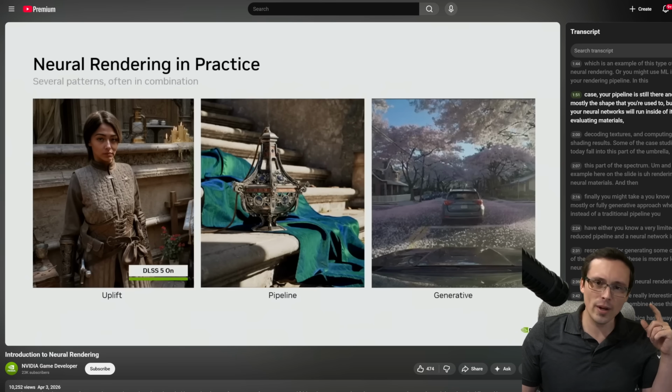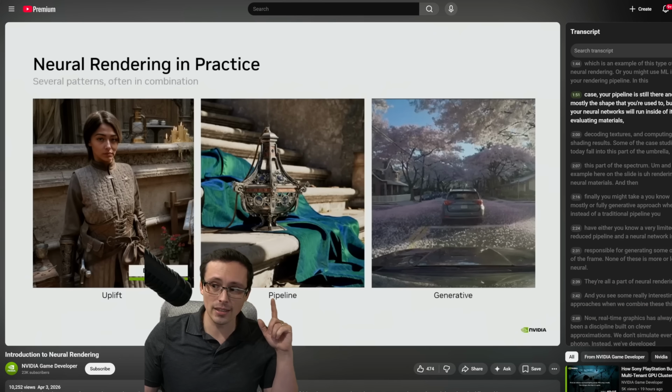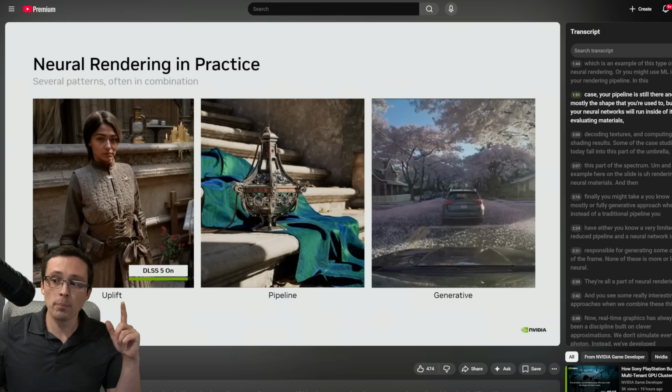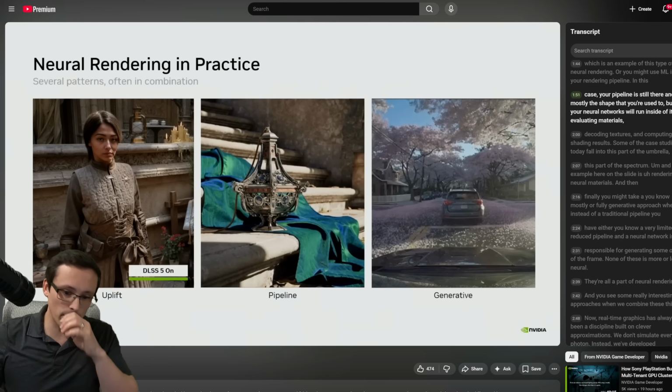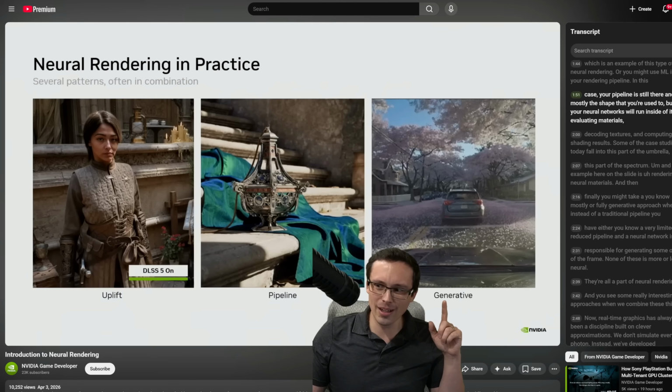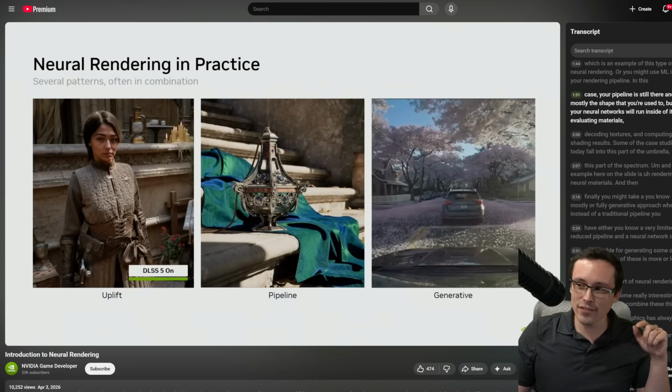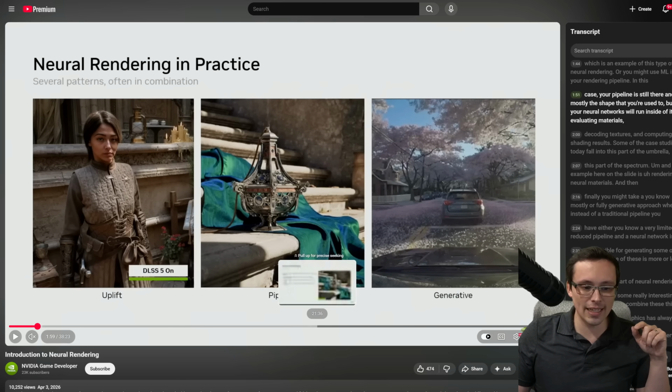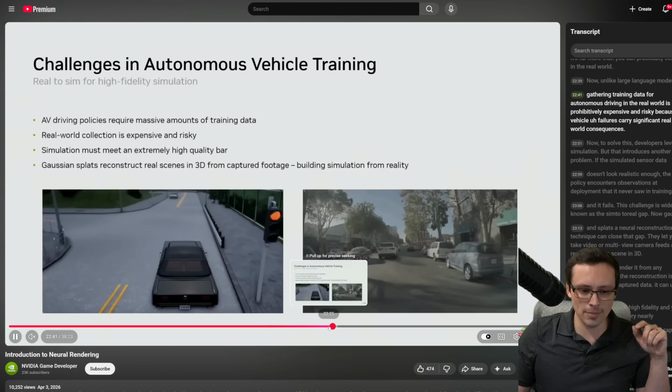I'm curious whether they're thinking more along the lines of neural techniques within the pipeline or more of a post-process on the output rendered frame. Now, the final version of this, where almost everything is generative, is really a very different thing. NVIDIA's discussion of that here didn't really focus around games.